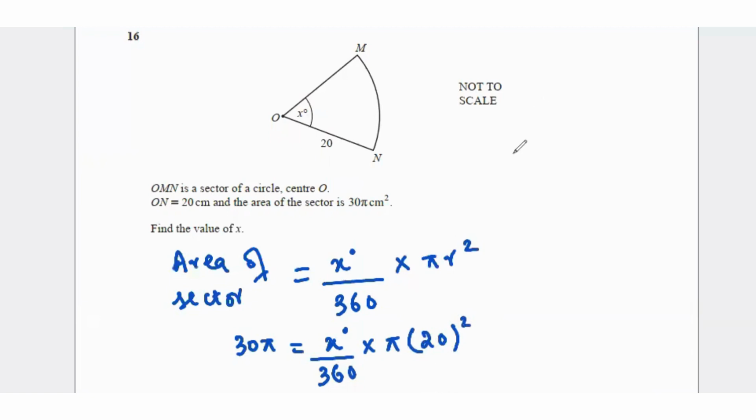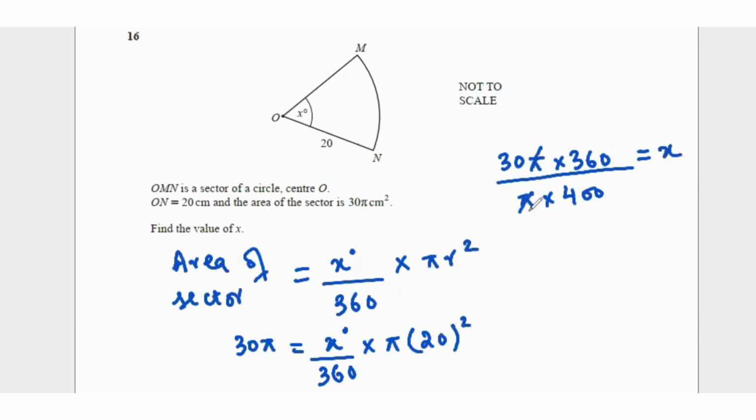So now if we rearrange this and make x the subject, we get 30 pi times 360 over pi times 400, which is equal to x. 400 is 20 squared.